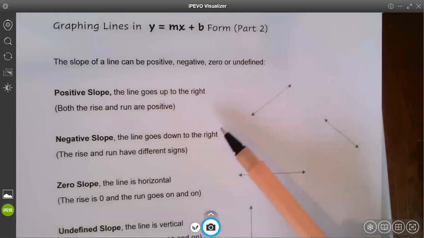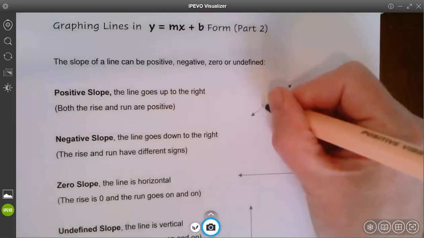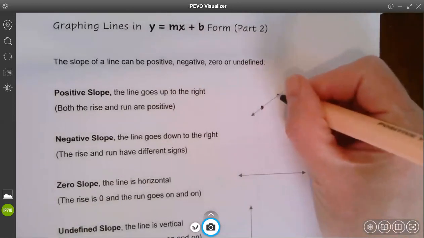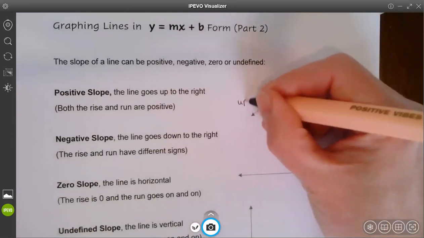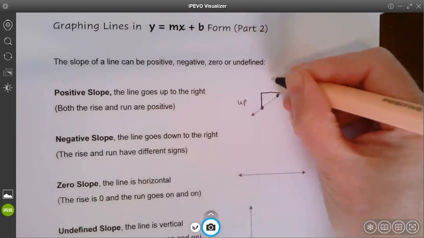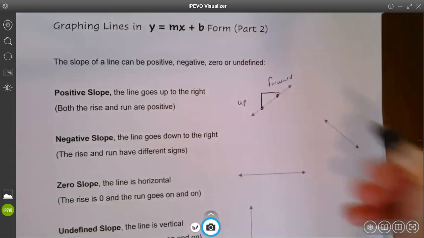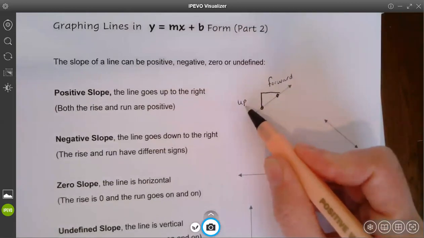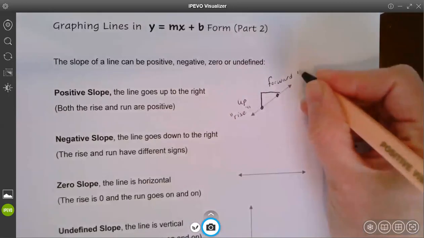A line that has a positive slope will go up to the right. That's because both the rise and the run are positive. So if you pick a point here and you want to get to this point here, you would go up and then you would go forward to get to the other point. The up corresponds to our rise, and going forward is our run.